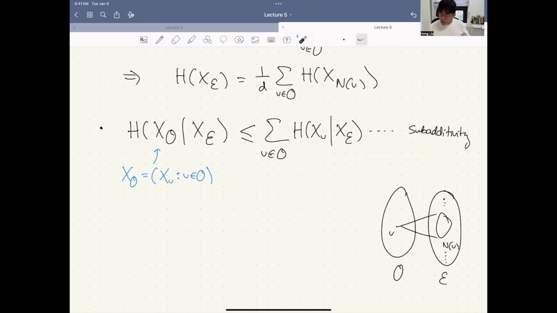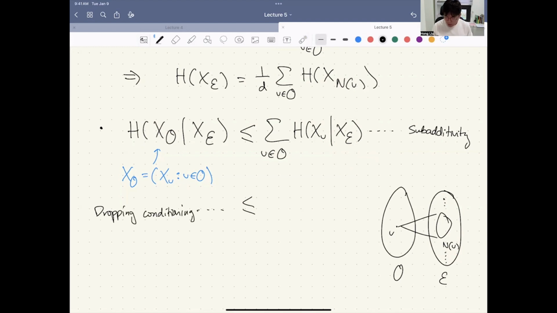So we can forget about everything not in N of V. But we don't even need that; we just need to drop conditioning. Remember, if you drop something in the conditioning, you can only increase the entropy. If you know less upfront, the information you get from the random variable can only increase. So this is at most the sum over V in O of H of X_V given X_N(V).